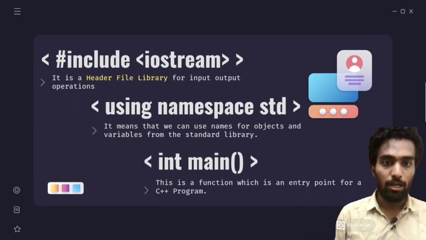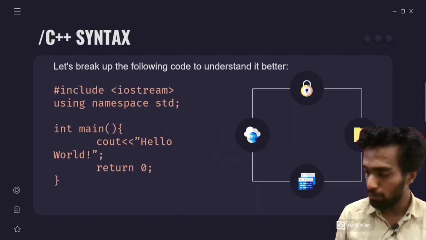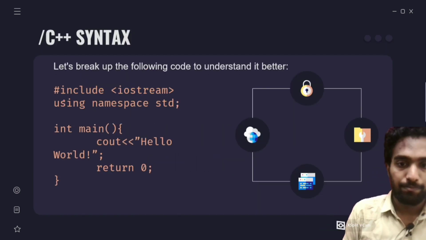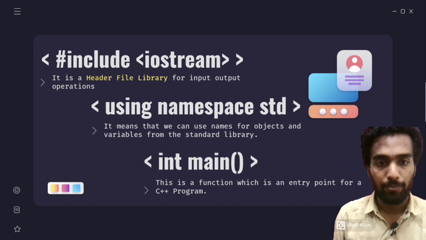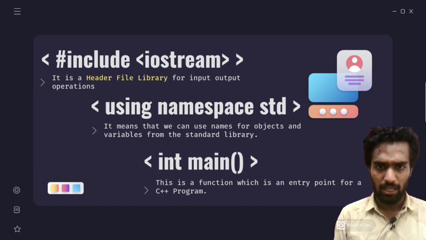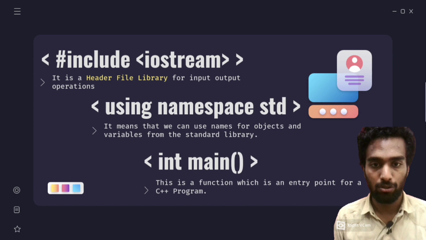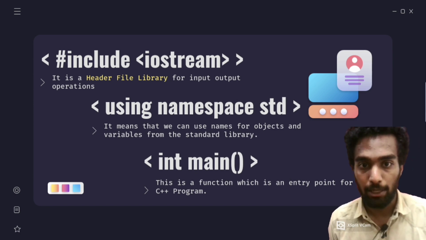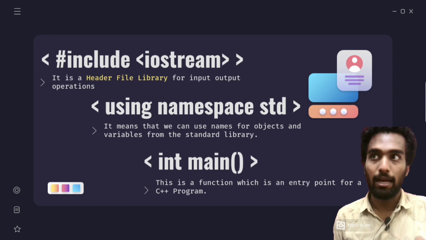So let's first come to hash include iostream. This line, hash include iostream, is a header file. It is a header file library for input output operations. Like there is a library, right, for the computer to know what that word refers to. So we use libraries, and to include that iostream library, we are writing hash include iostream.